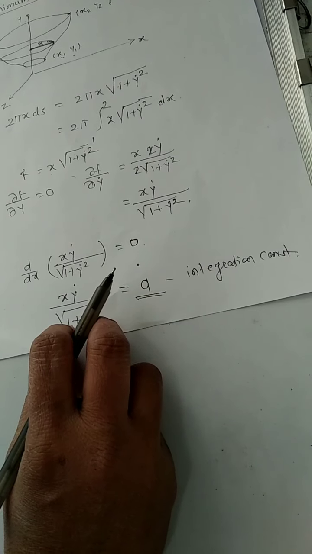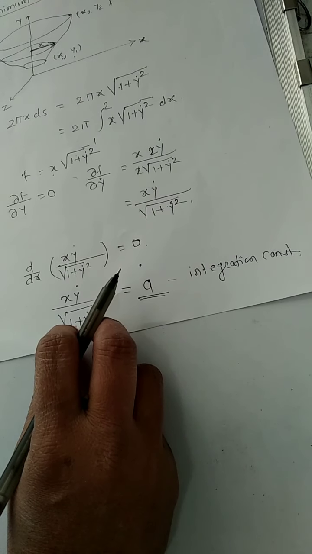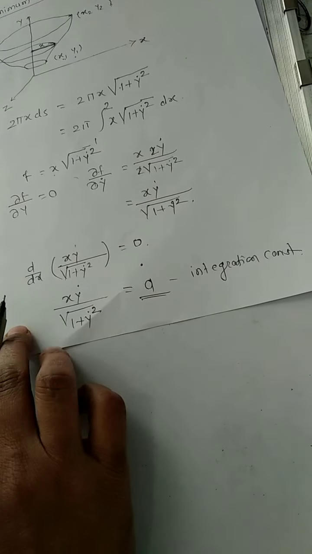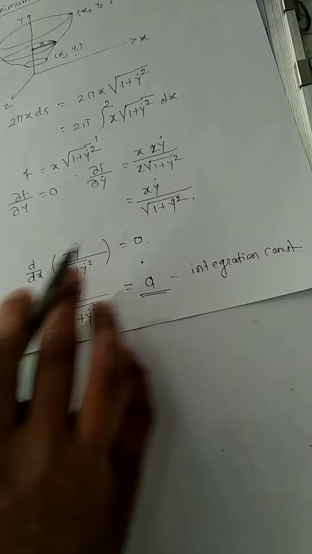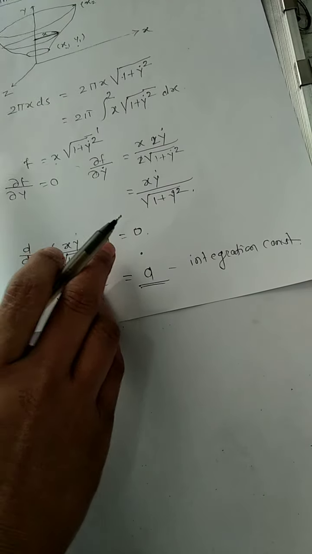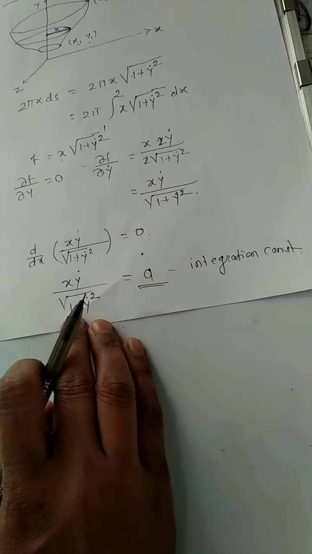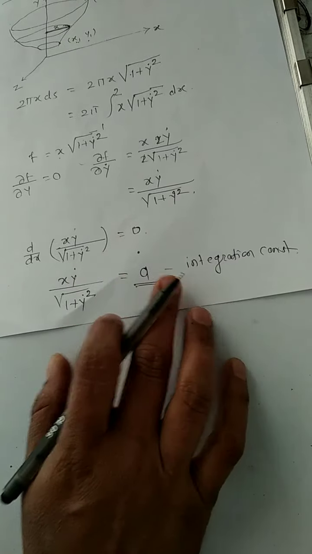Squaring this equation on both sides, we get x square y dot square upon 1 plus y dot square equal to a square.